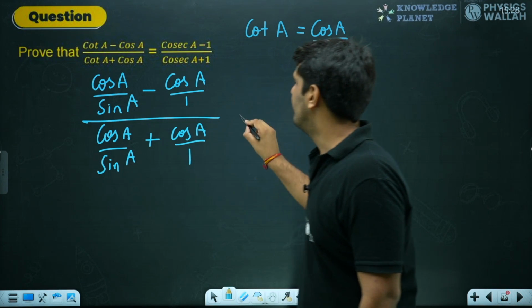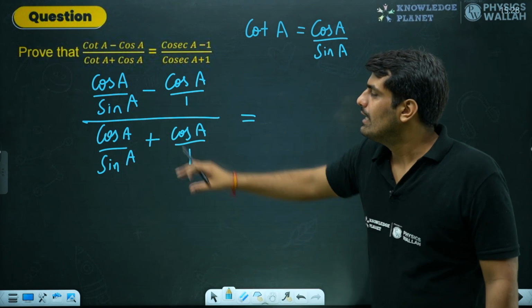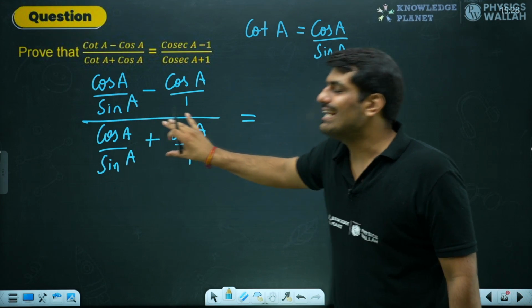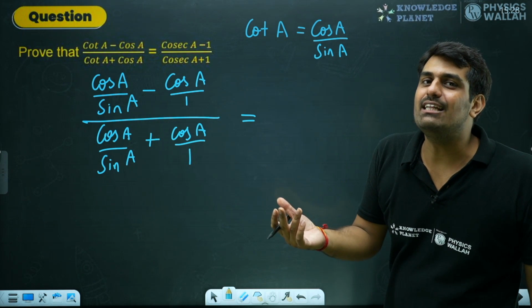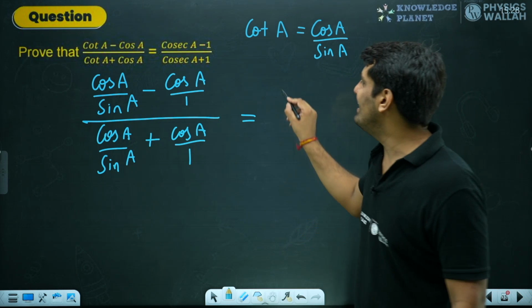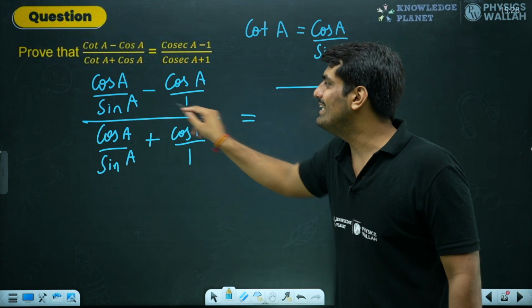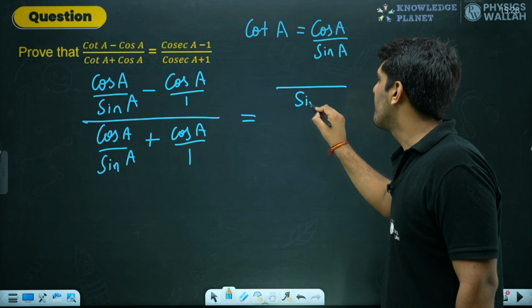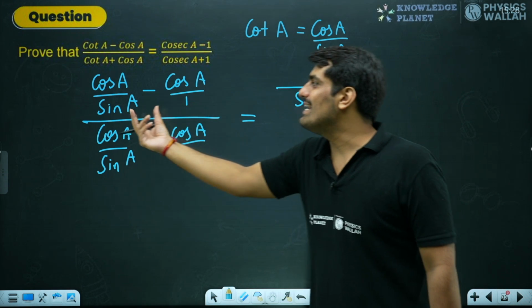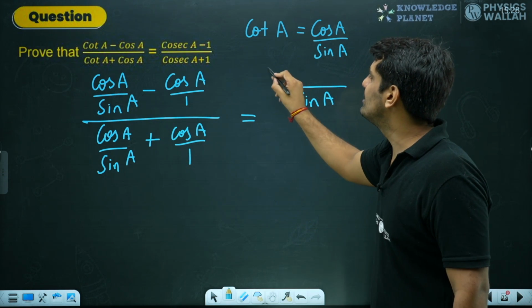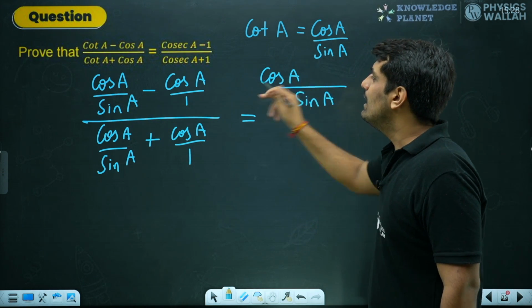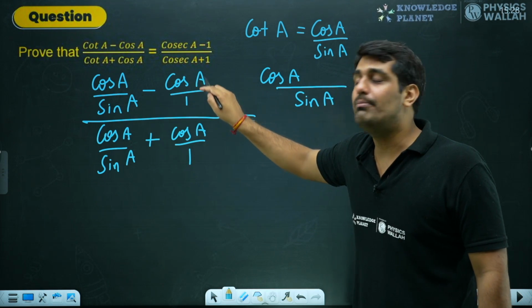What can I do over here? See, over here I can see the similar expression. I just take the common denominator and start solving. I'll take a common denominator of sine A. When I take sine A, cos A remains as it is. This is cos A. In the other term, sine A has to be multiplied because 1 was there.